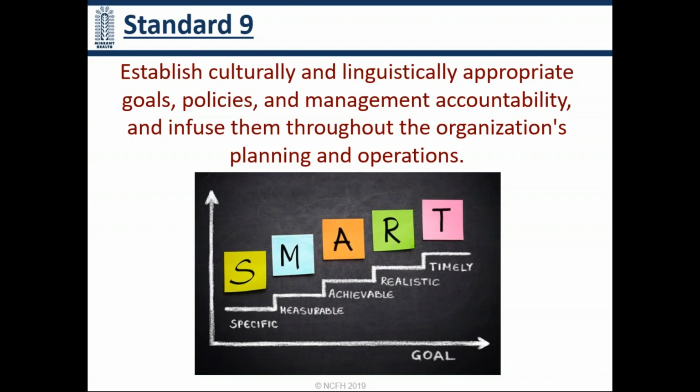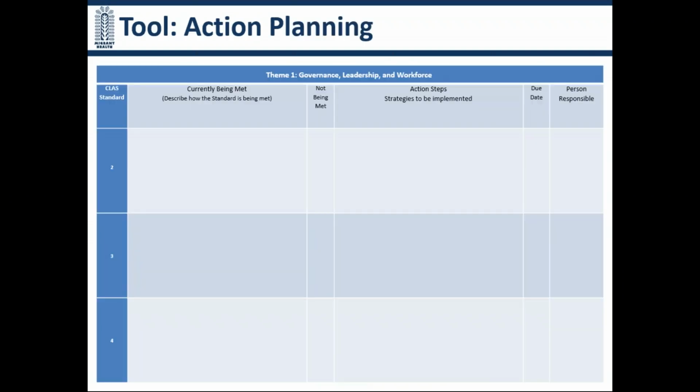It's to integrate CLAS throughout the whole organization, including your mission statement, and you want to highlight its importance through specific goals. So this is where your goal planning, your action planning comes into place, and you want to link CLAS to other organizational activities, those policies, those procedures, the decision making that's related to outcomes accountability.